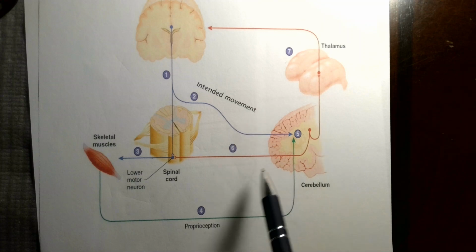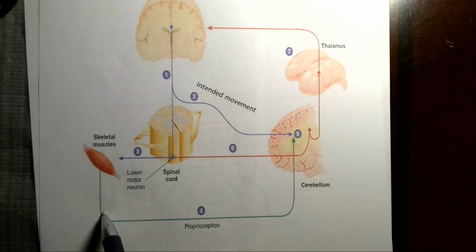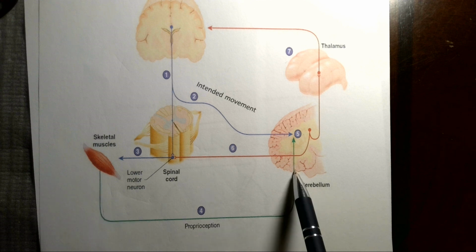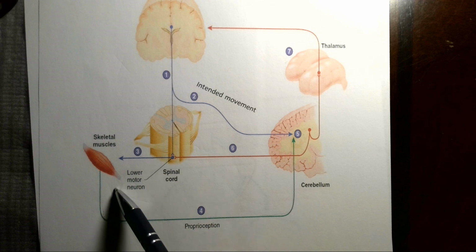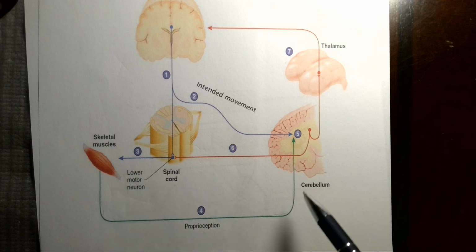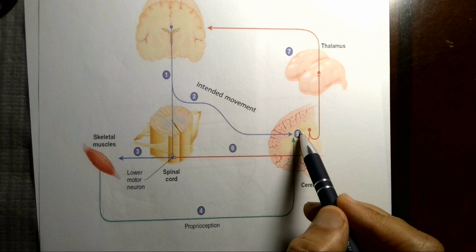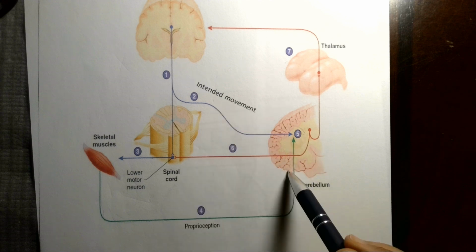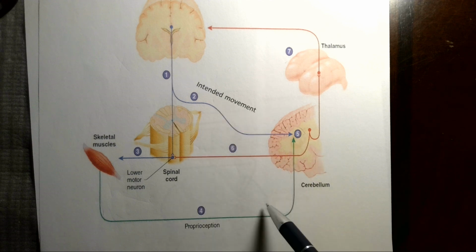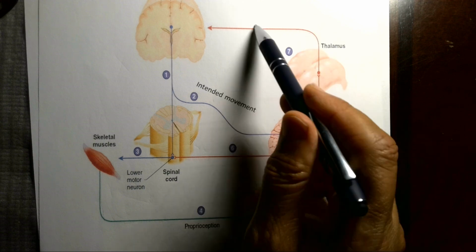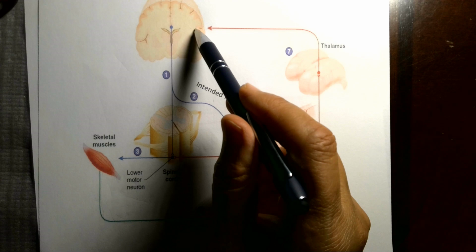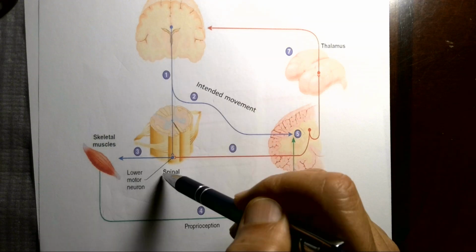Meanwhile, the cerebellum receives deep sensation and proprioception from the joints and from the extremities. So it starts comparing the intended movement with the current position, and then sends back information through the thalamus to the cerebral hemisphere to modify the movement and make balance.